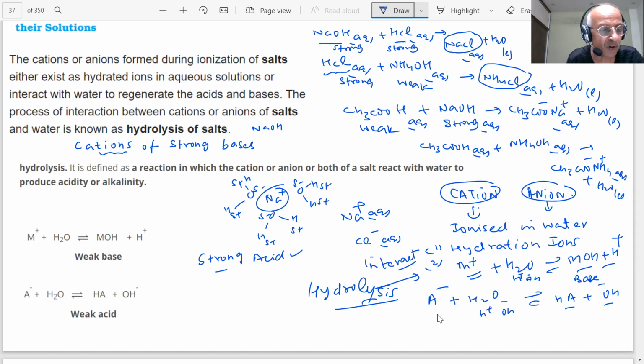NaOH is a strong base. KOH is a strong base, student. Ca(OH)2, these are strong bases. Barium hydroxide. What are the cations here? Na plus, K plus, Ca 2 plus, and barium 2 plus.